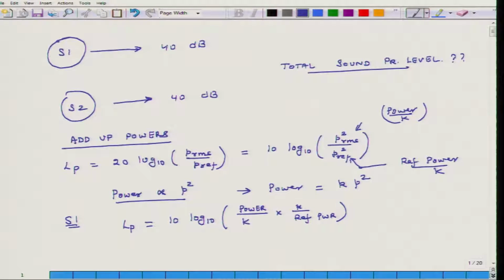Okay. So, these K's go away and this is what I have left. So, the ratio of power and reference power is the same as the ratio of P square RMS and P square reference, that is what it means.